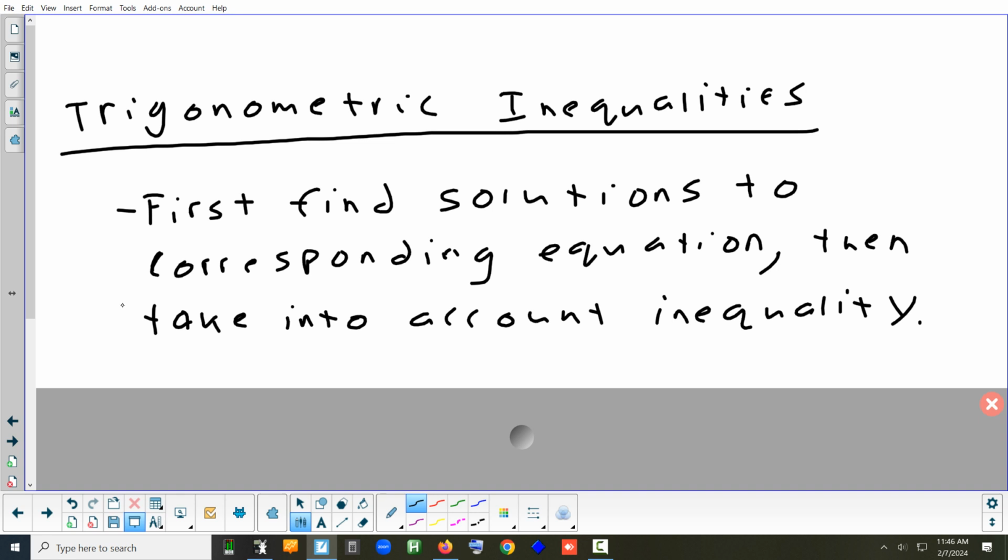What do you call that when you write something describing values between? Sometimes you use brackets, sometimes parentheses, but that's called an interval. So when you're solving an inequality, instead of just a number plus 2 pi n, it's an entire interval plus 2 pi n, because that entire interval repeats every cycle.